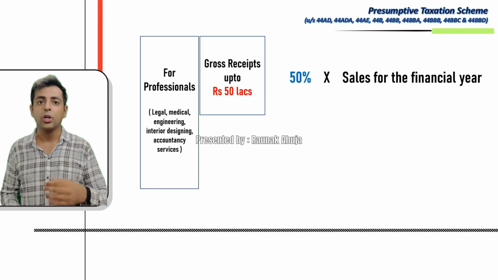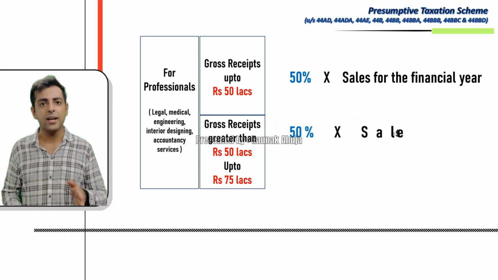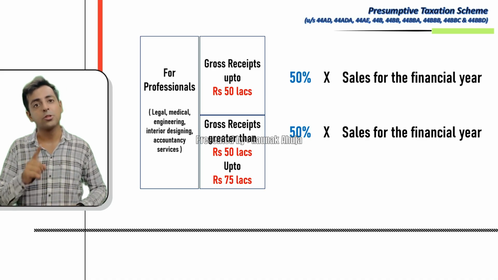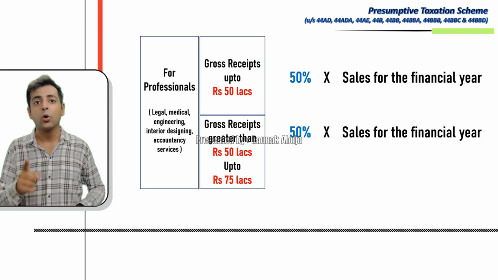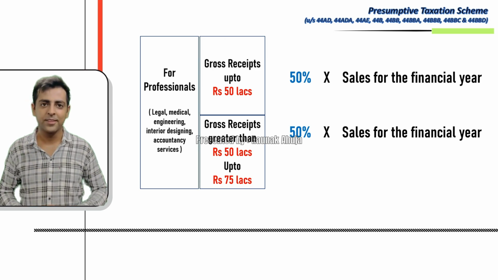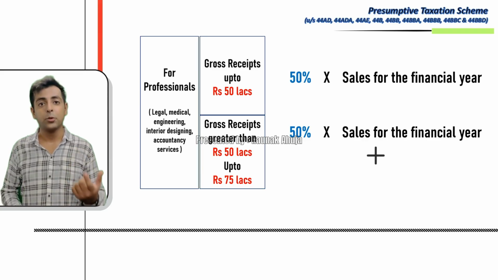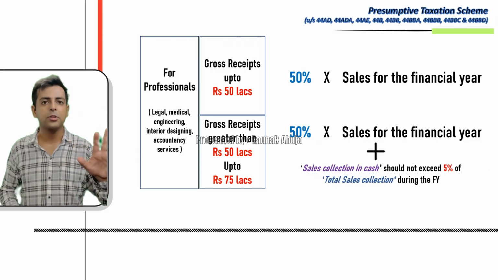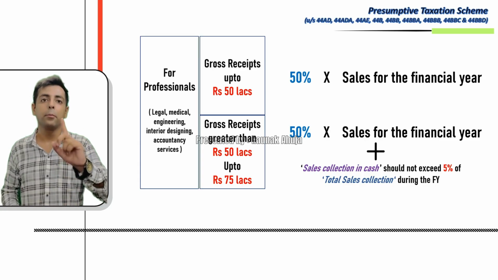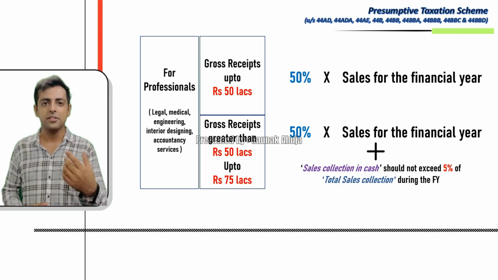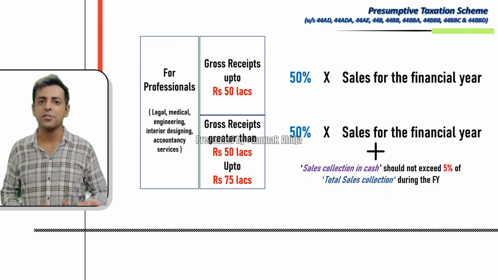In case your turnover is from 50 lakhs to 75 lakhs, then in such a case, your total income would still be 50% of the gross receipts only if you satisfy one additional condition. And that is, the total sales collection in cash should not exceed 5% of the total sales collection made during the financial year. If you satisfy this condition, then in such a case, this presumptive taxation scheme would be applicable to you.